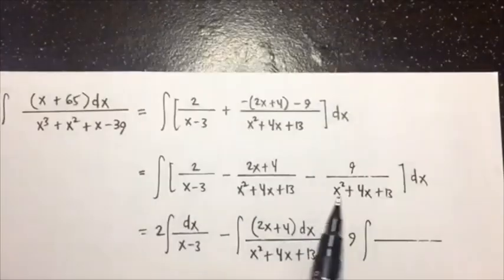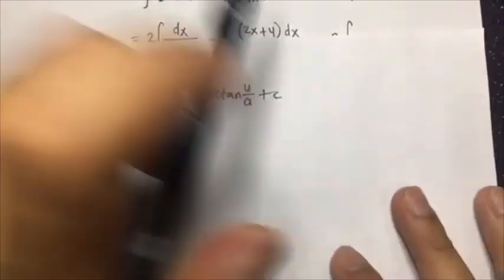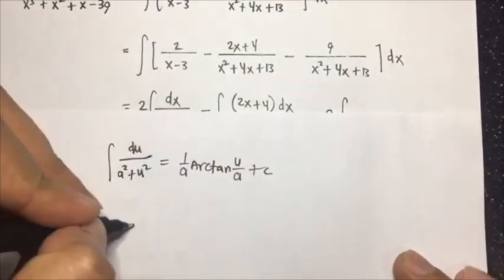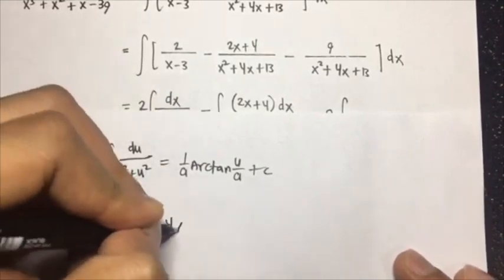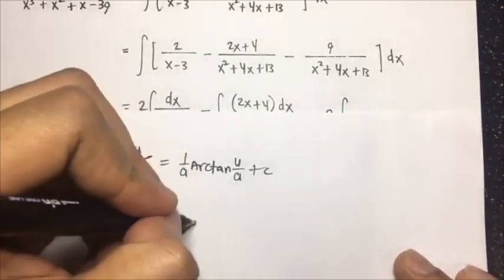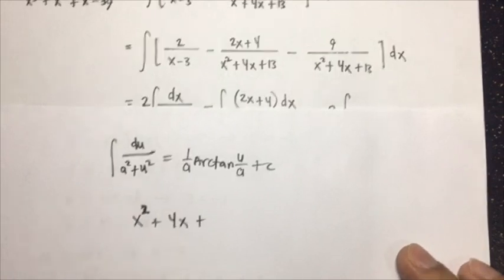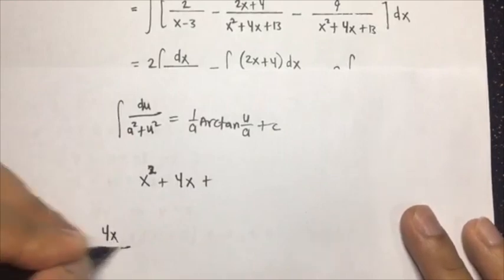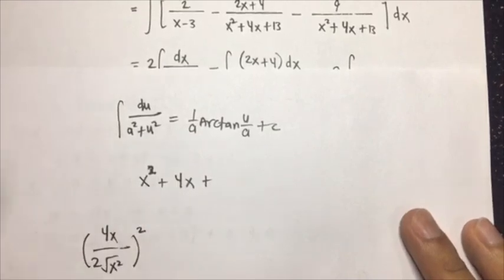Okay, so now we can complete the square here. So I'll just rewrite it on another sheet of paper. So x squared plus 4x, so completing the square. So the third term should be the second term divided by 2 divided by the square root of the first term and then squared. So that will be 4x over 2 square root of x squared and then squared. So this will be 4x over 2x, so therefore that's equal to 2.